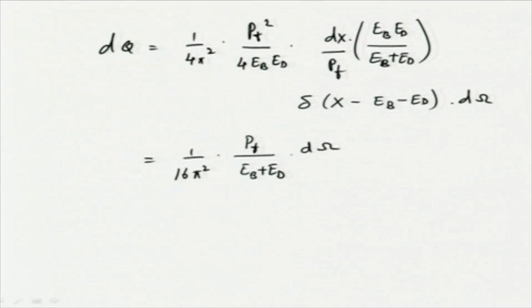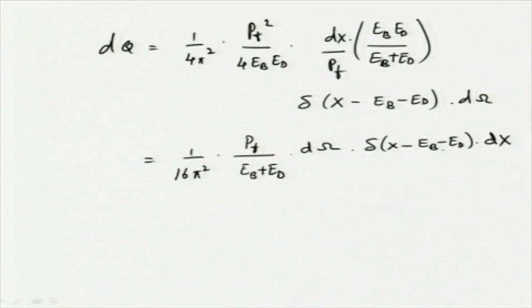And let me take the d omega along with this, and you have the delta function of x minus E_b minus E_d and integration over dx. Again, if you look at the last two factors, delta function and dx integration, you will see that you can integrate over dx, this new variable that we have defined.